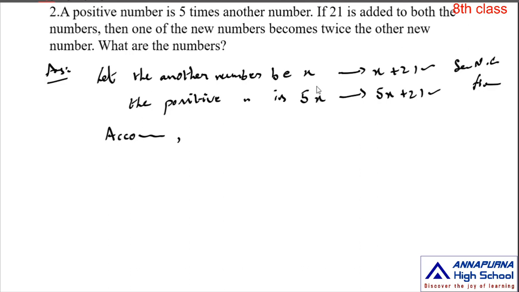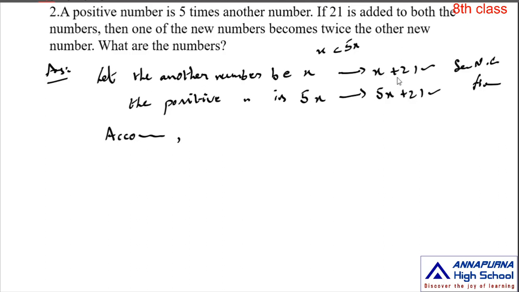So when you compare these two, x is less than 5x. Everyone knows this. And you are adding the same quantity on both sides. So that's why x plus 21 is less than 5x plus 21.